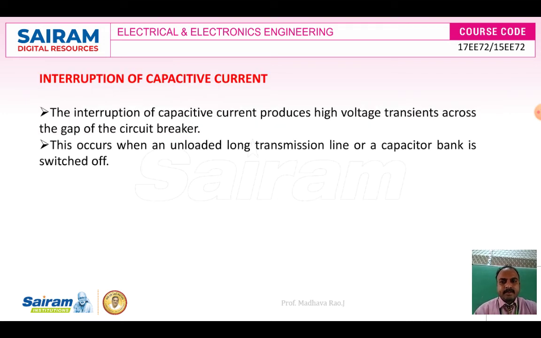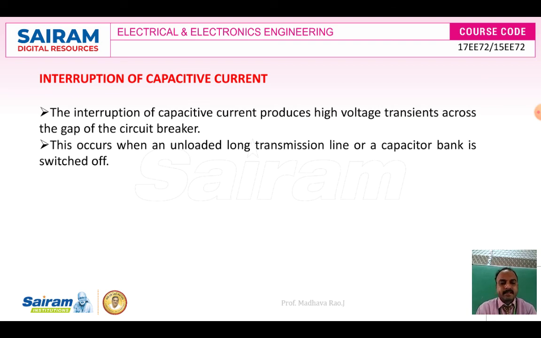Then interruption of capacitive current. Interruption of capacitive current is one of the important terms for circuit breakers. Capacitive current appears when a high voltage transient occurs across the gap of the circuit breaker, between the fixed contact and moving contact.